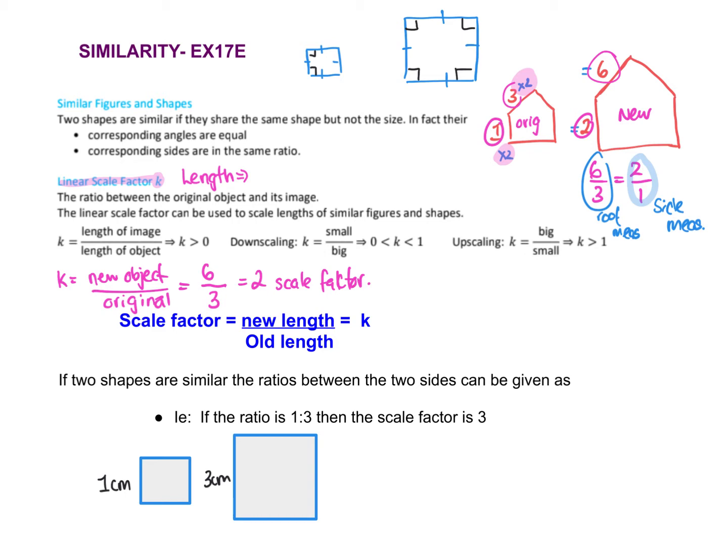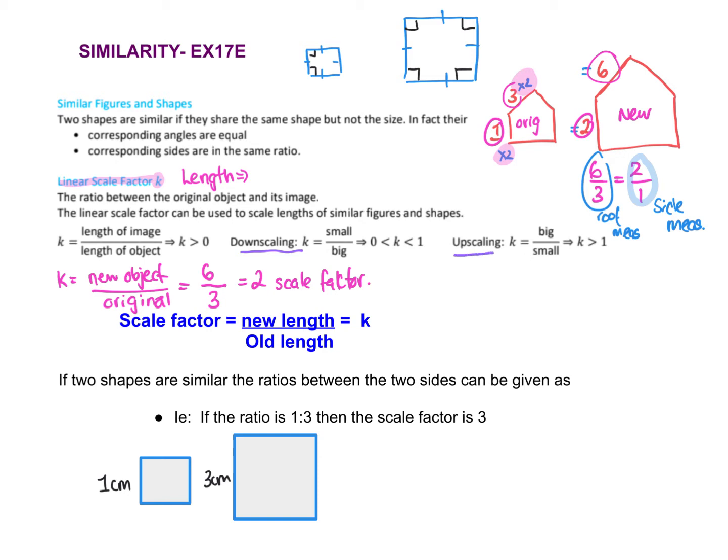Obviously we can work out the scale factor. It doesn't necessarily have to go big. You might be reducing it, so we might be down scaling, and that would be when you have the small over the big. So if we went the other way, the scale factor would have been a half, because you're halving it.